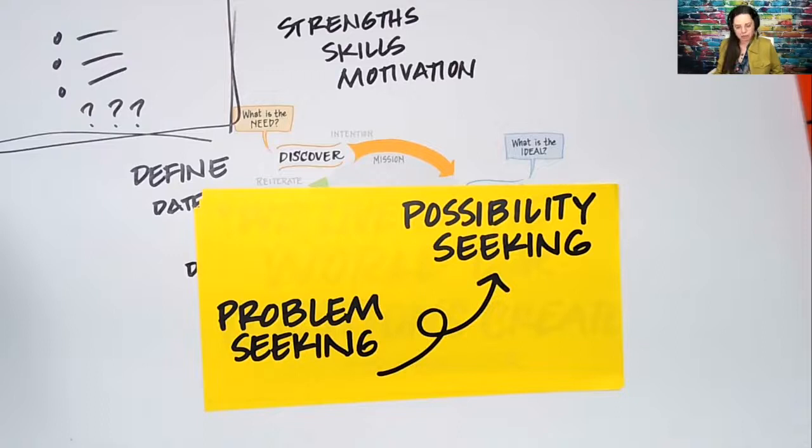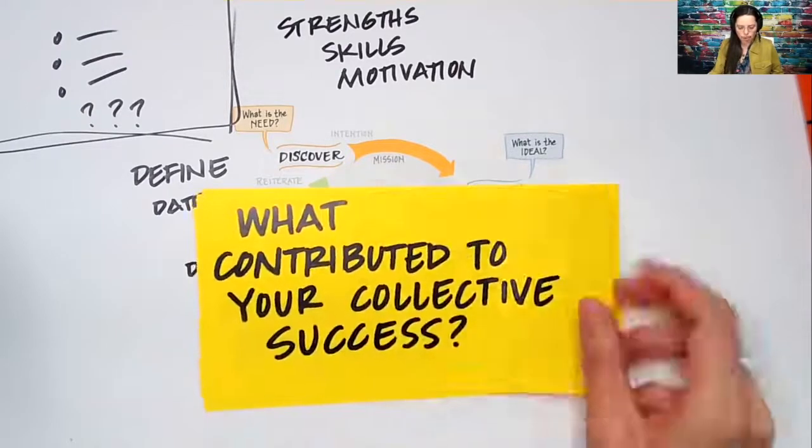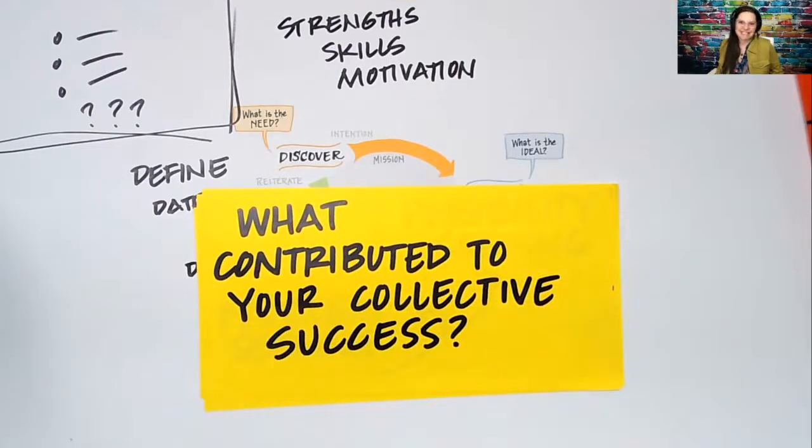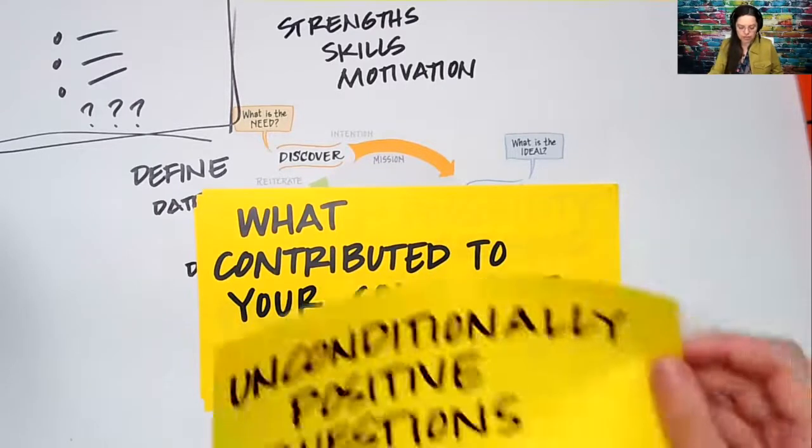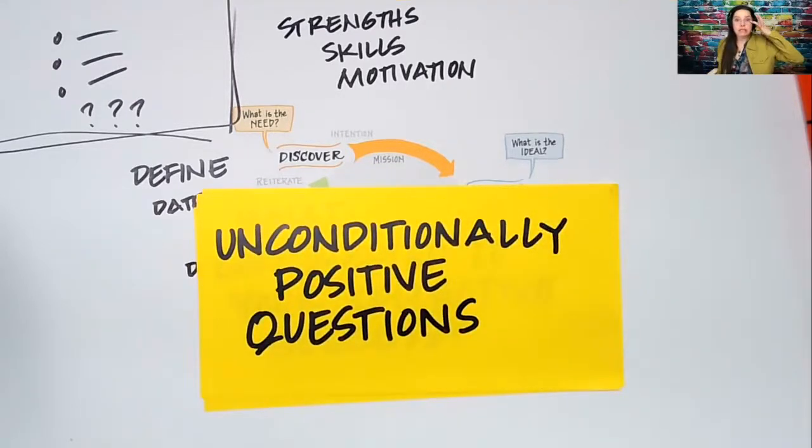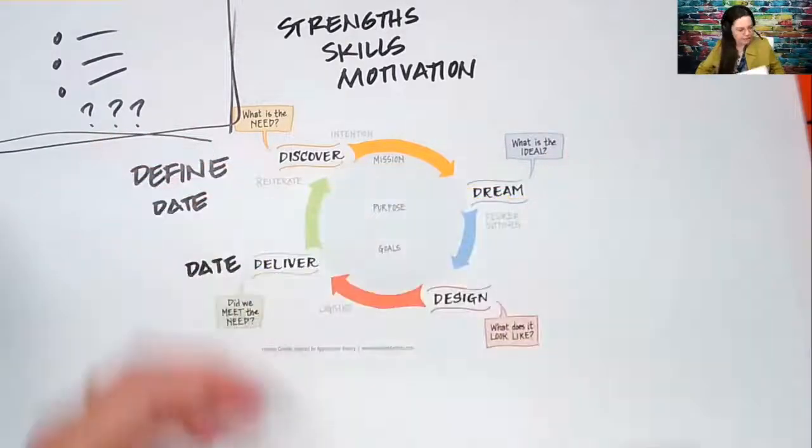So once you've asked a few of those, you might even ask what contributed to your collective success. So now they can start to identify how they work together. And that's really important. And notice that these three questions are unconditionally positive questions. Again, they're not problem seeking, they're possibility seeking. And we get more into that in November.